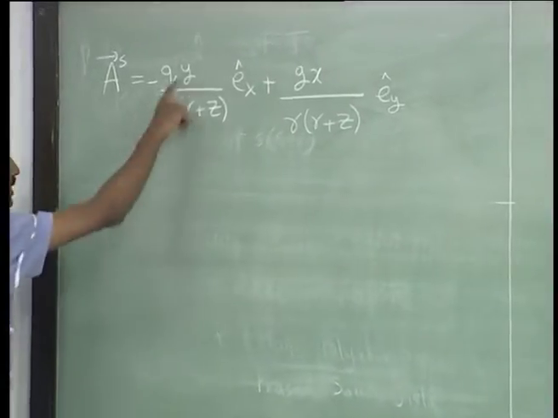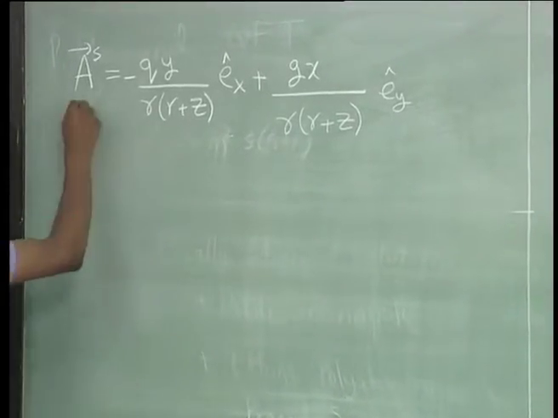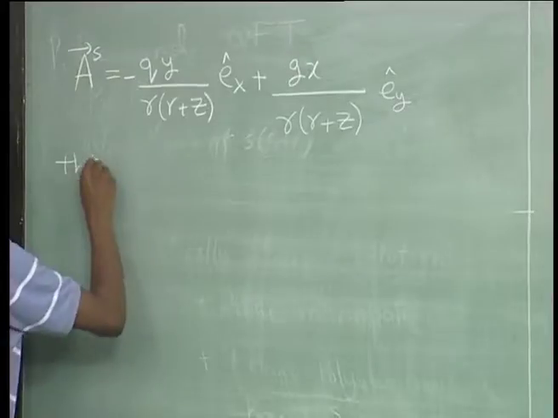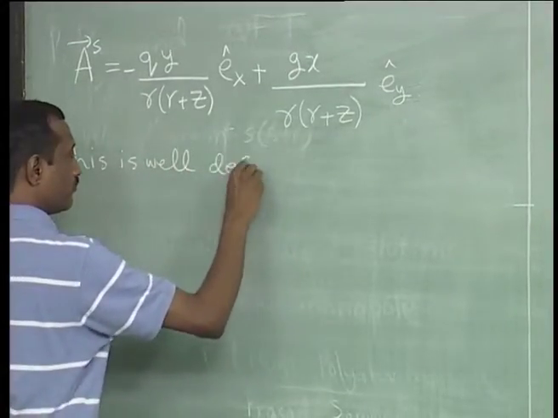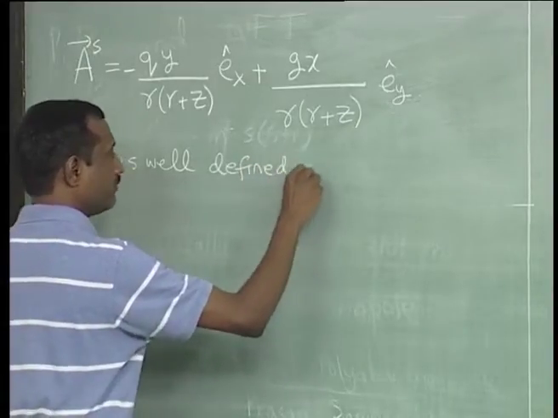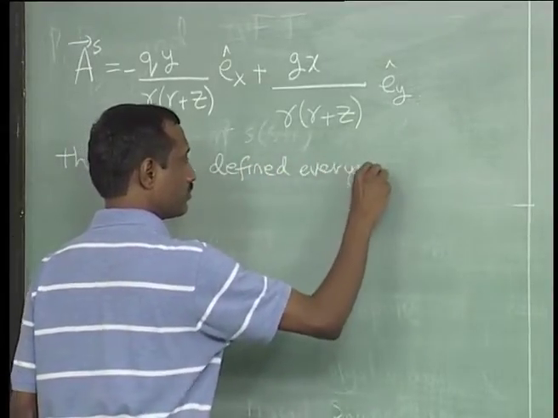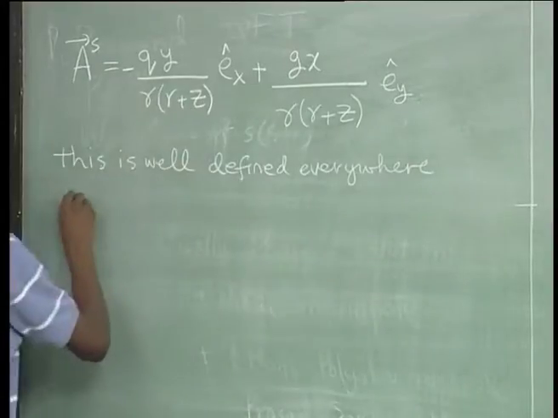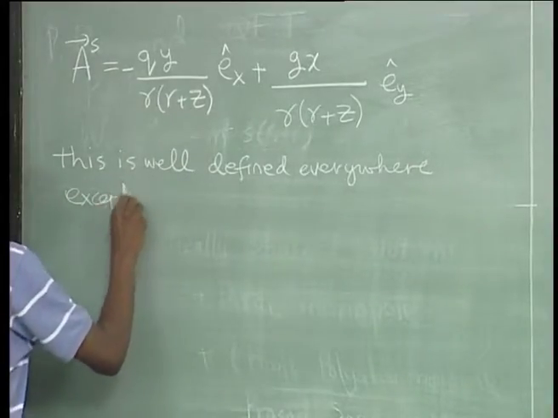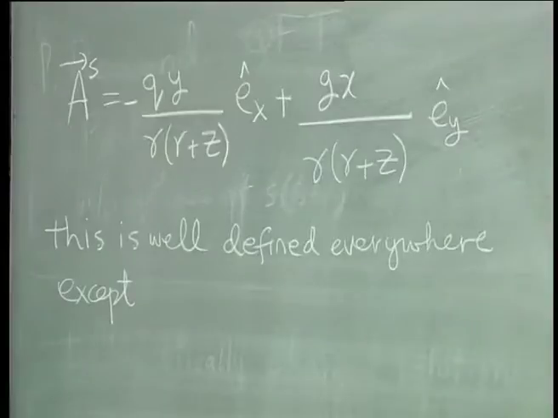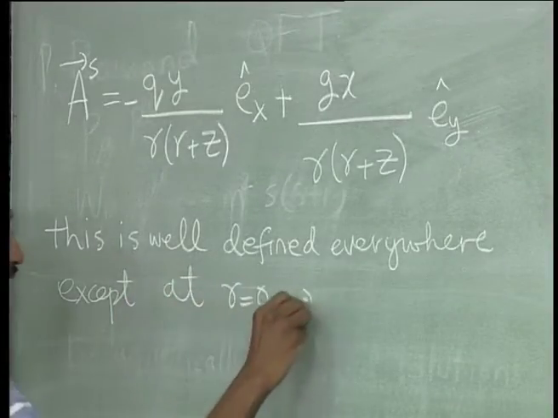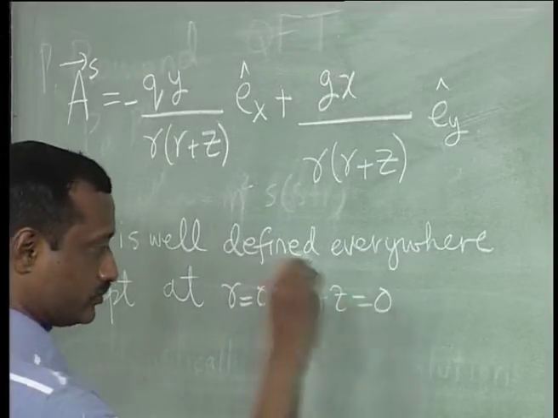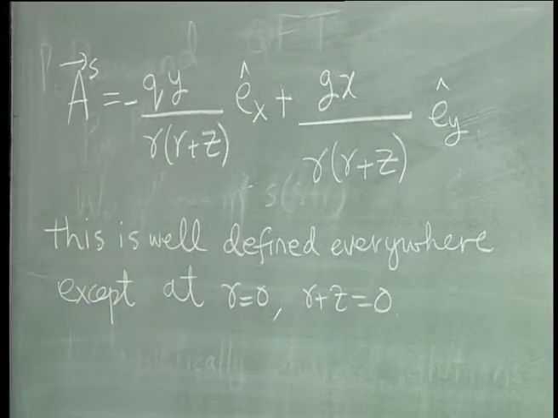Let us see where this is well defined: everywhere except when this thing blows up, at r equal to 0 and r plus z equal to 0. These are the two points where it blows up.